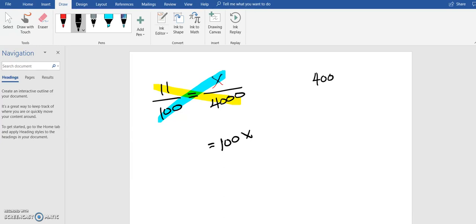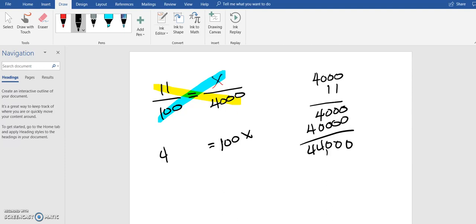Multiplying that out, 4,000 times 11, well, that's just 4,000, and then we have to add a 0 for multiplying the second, and then that's another 4,000. So we get $44,000.